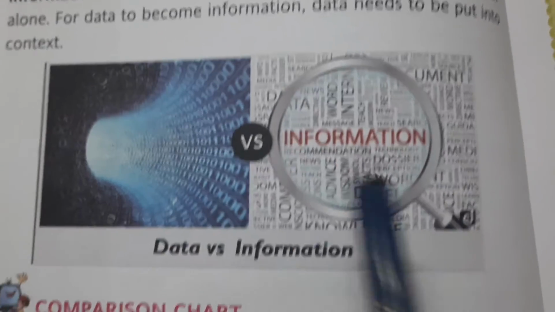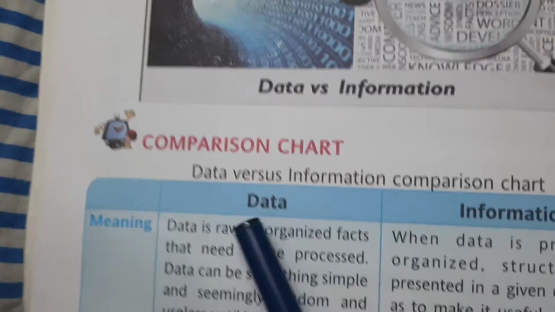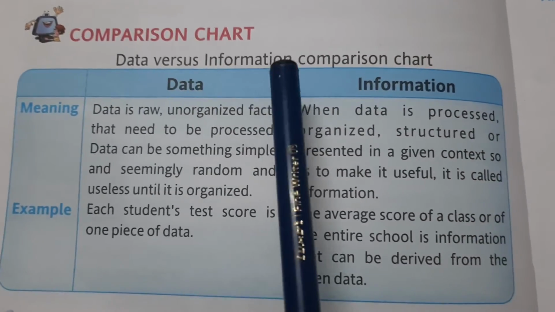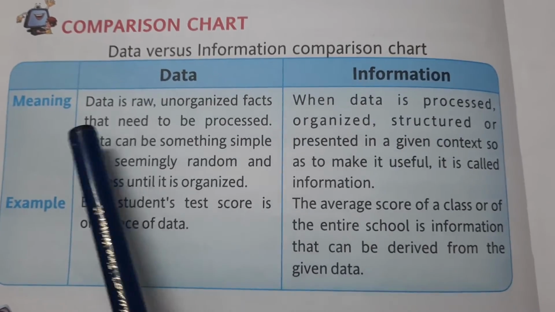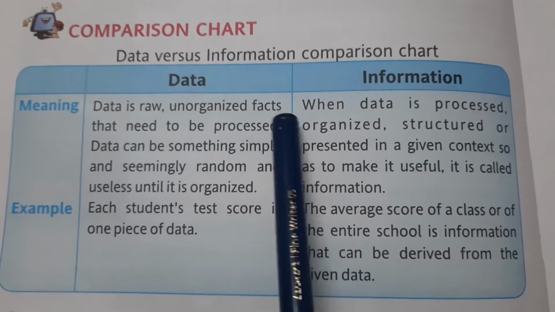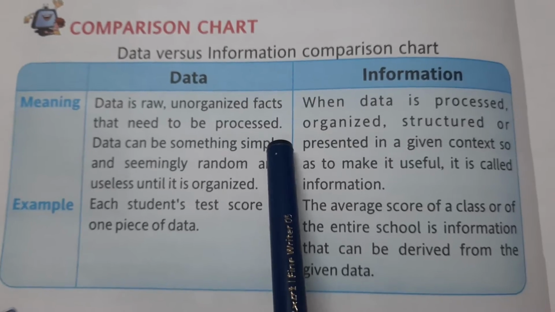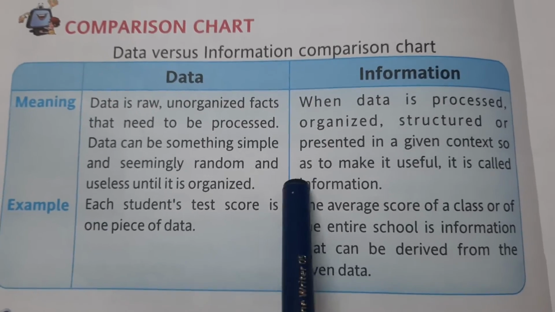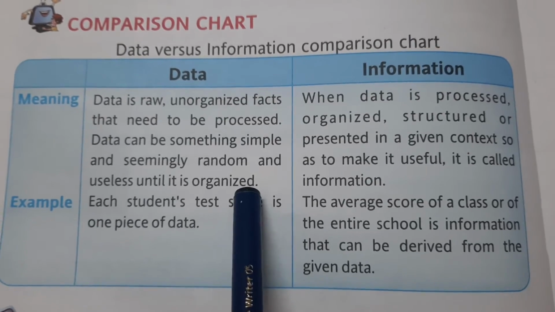So children, today we have completed this chapter, and the last part is the data versus information comparison chart. The meaning of data is raw, unorganized facts that need to be processed. Data can be something simple and seemingly random, and useless unless it is organized.